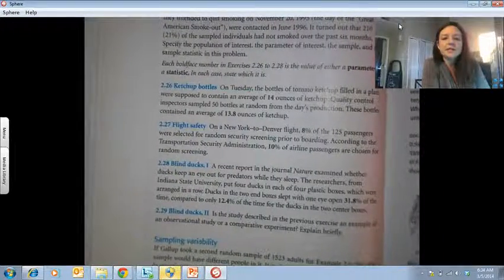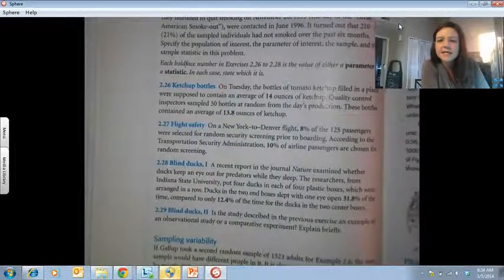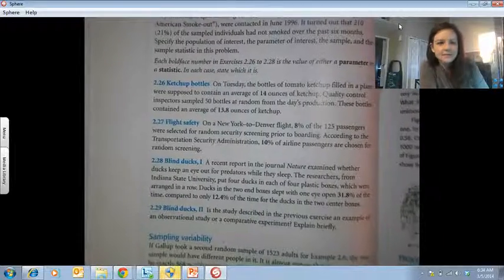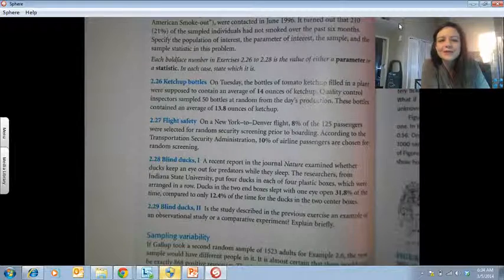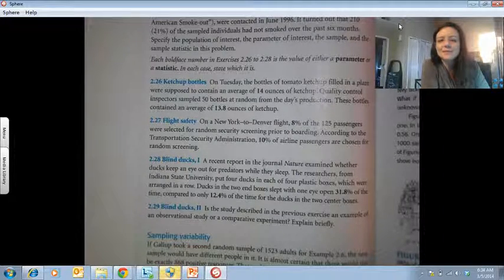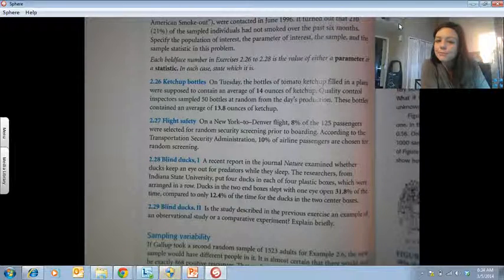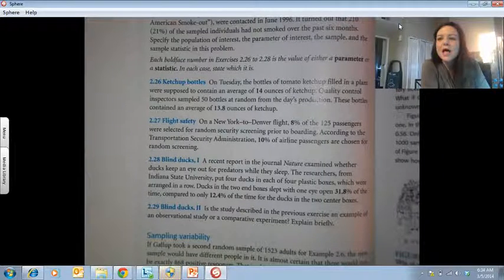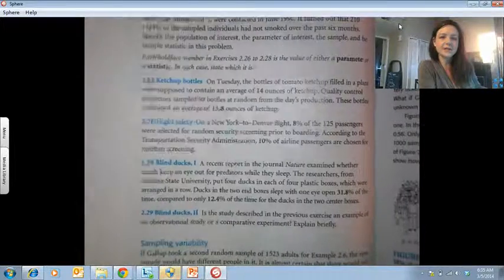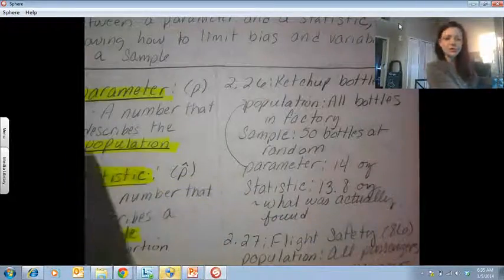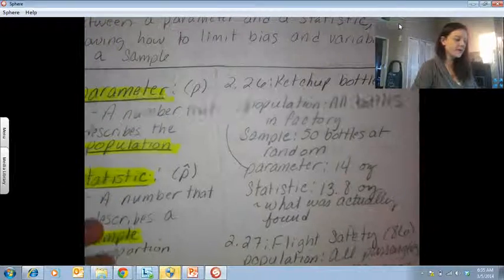On Tuesday, the bottles of tomato ketchup filled in the plants were supposed to contain an average of 14 ounces of ketchup. Quality control inspectors sampled 50 bottles at random from the day's production. These bottles contained an average of 13.8 ounces of ketchup. So not quite as many as they were supposed to hold. So if we go back, we're trying to figure out.